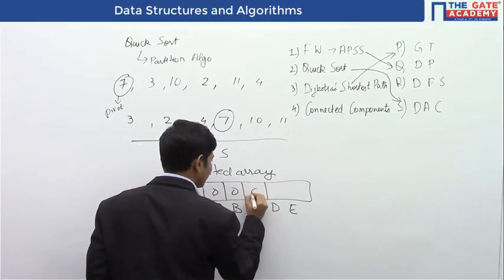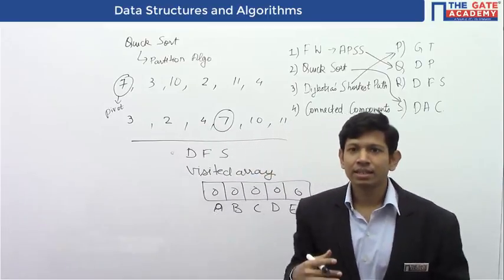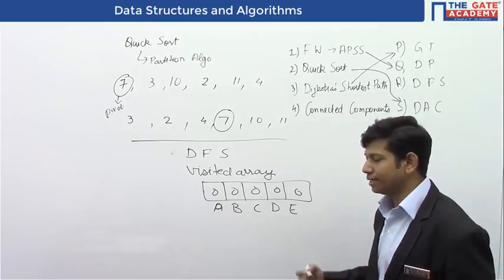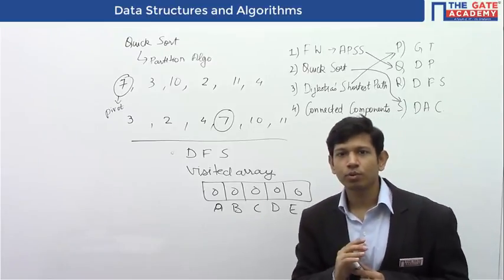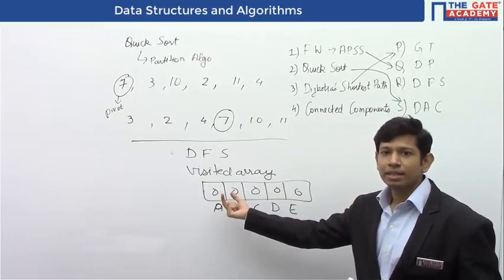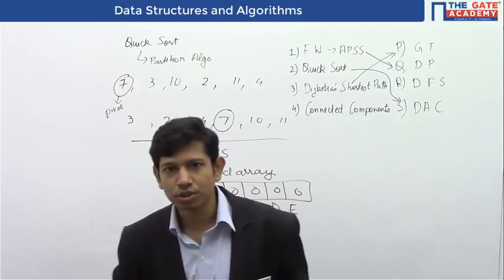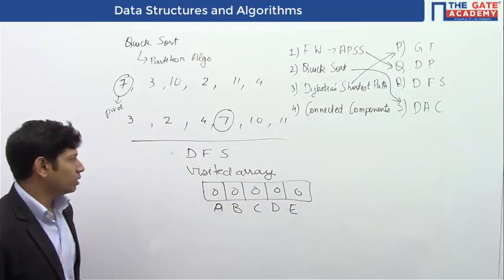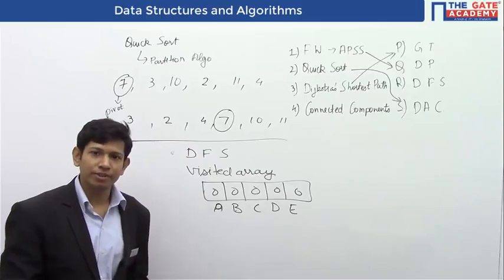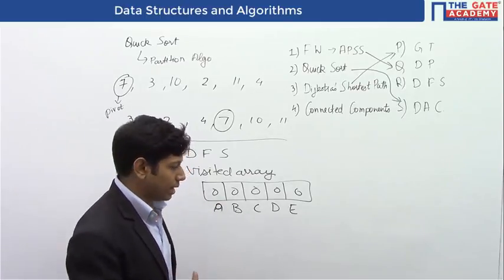Let's say the given graph has 5 vertices A, B, C, D and E. Initially we will put a flag 0 in all the 5 elements: 0, 0, 0, 0 and 0. This array denotes that none of the vertices have been visited. Then we will start BFS or DFS over this array.